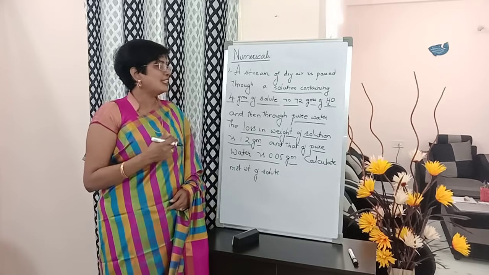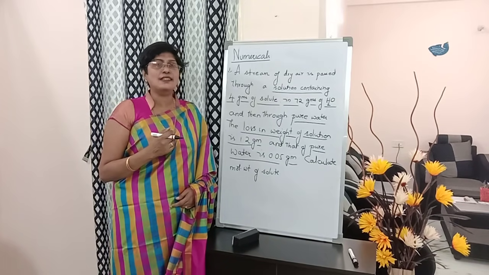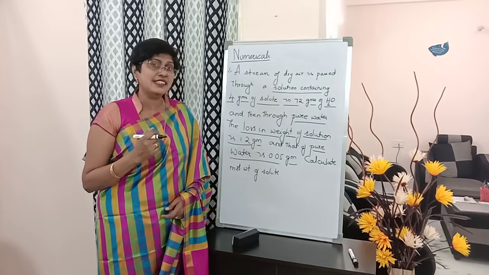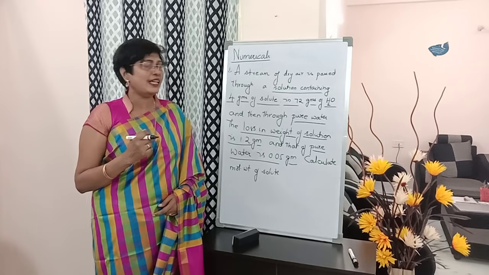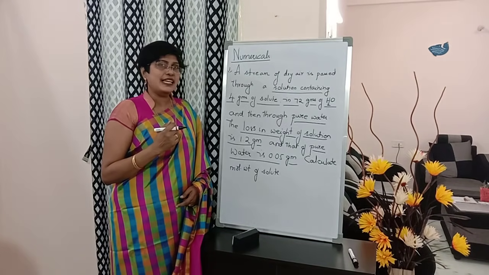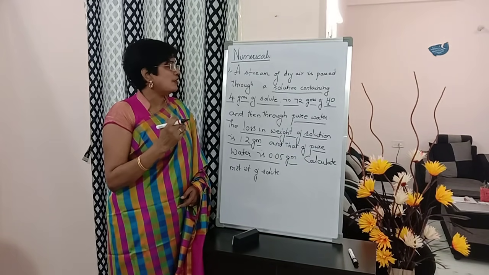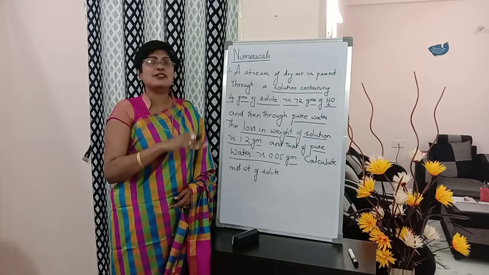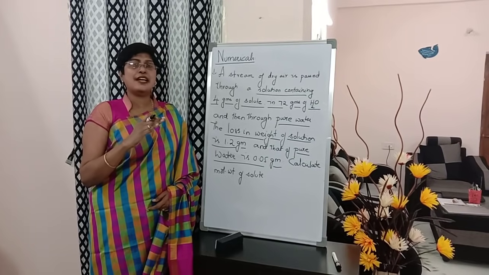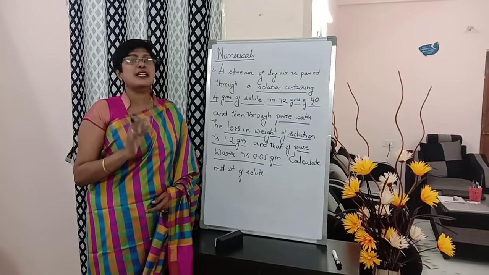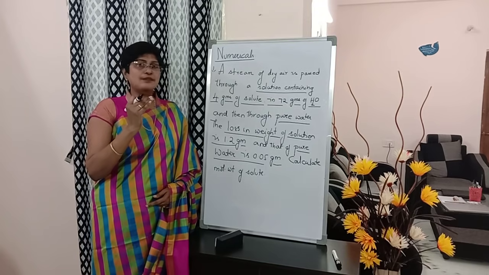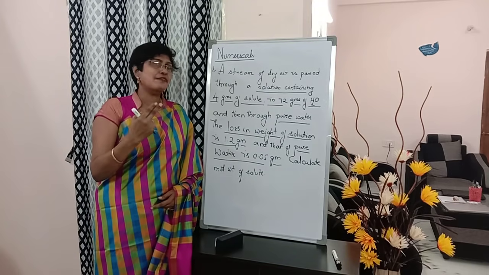So this problem is based on the experimental determination of lowering of vapor pressure, which we learned in the last class. A stream of dry air is passing through a solution. Go back to that page, students, where we drew the diagram of the experimental setup. Dry air was passing through 2 sets of bulbs.